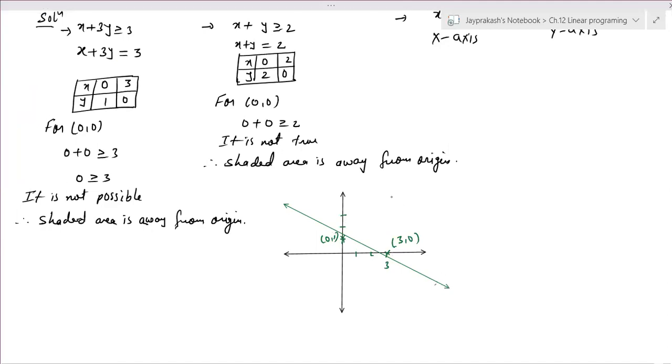Now the shaded area is away from the origin for the first equation.